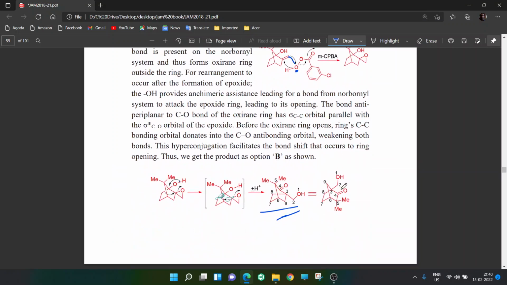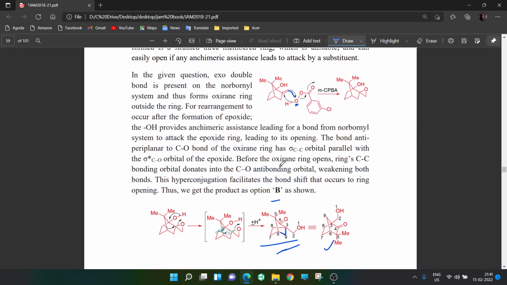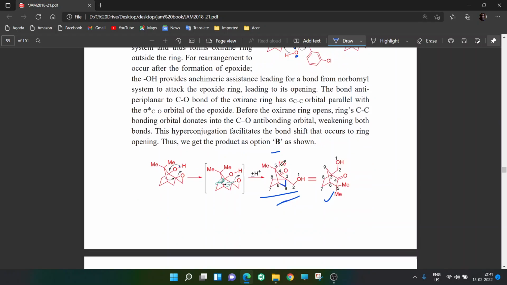Then you see here what happens at position 3. You are having 9, so that 9 is the bridge. This bridge is there, so this 9 is the bridge, and the others are quite clear. 4 is oxygen, C double bond O, 5 is methyl, like this it happens. So the answer is product B. Please practice it. It's quite easy.